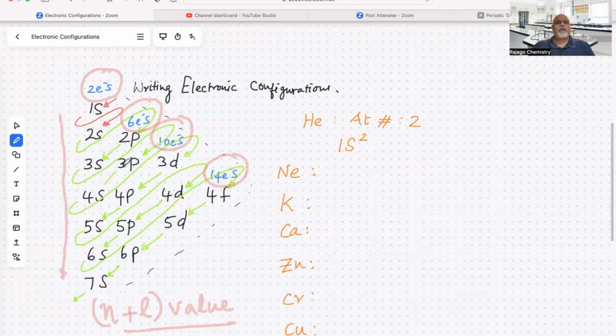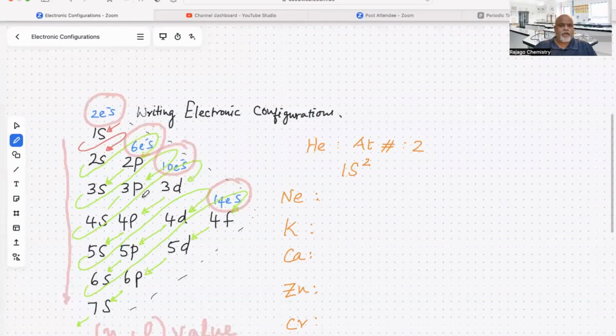If you look at from 1s to 2s, 2s to 2p, 2p to 3s, 3s to 3p, everything is fine. But now look at the value between 4s and 3d.